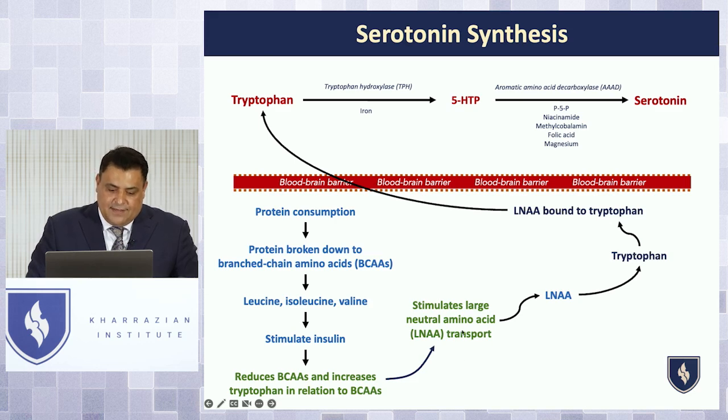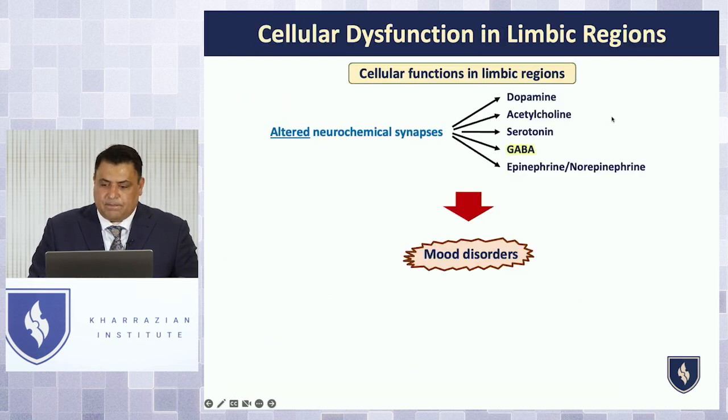So if someone has dysglycemia, their serotonin pathway synthesis becomes a problem. Someone who's severely iron deficient, or has significant folate issues or B12 issues, can have issues with serotonin efficiency. Not that it doesn't get made, it's just not as efficient.